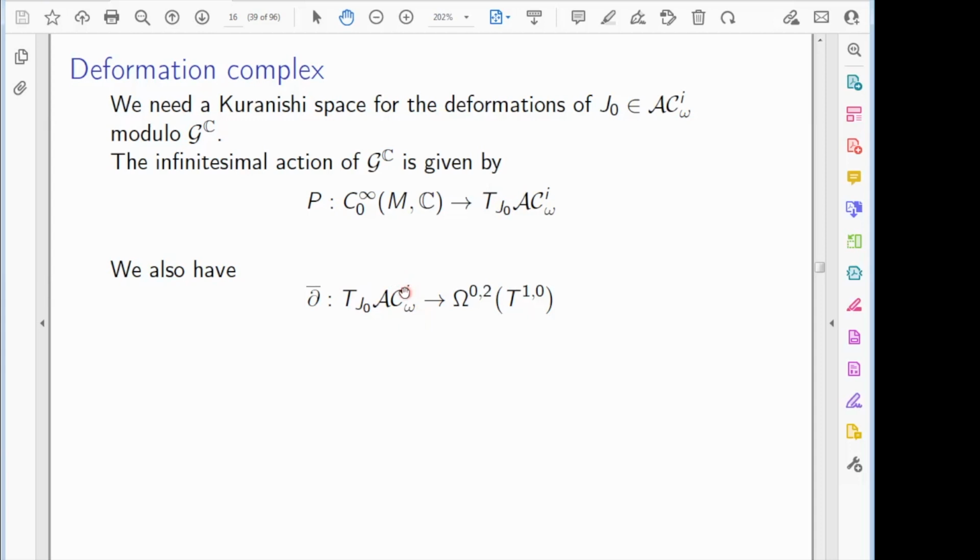But these will consist of all, in complex notation, 0,1 forms with values in 1,0, but they must be symmetric.